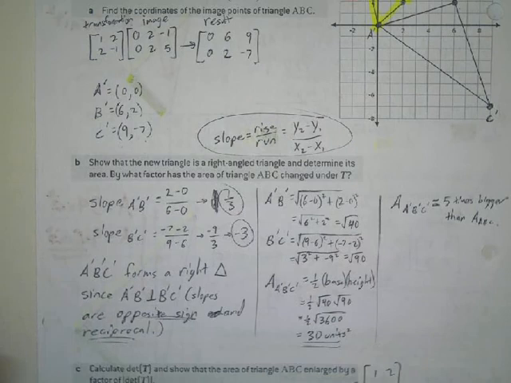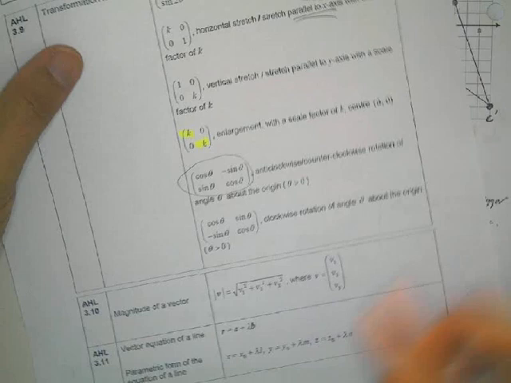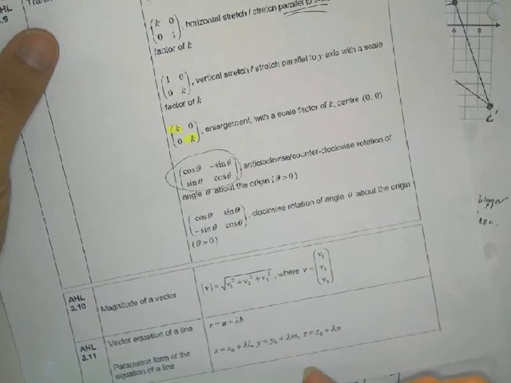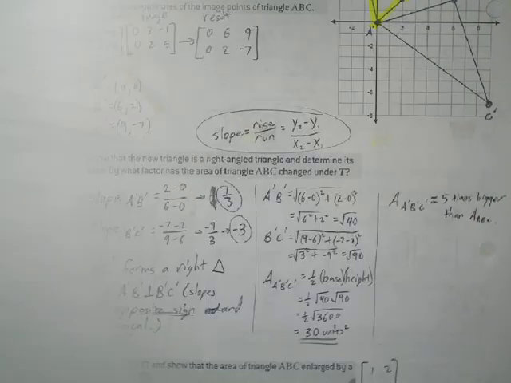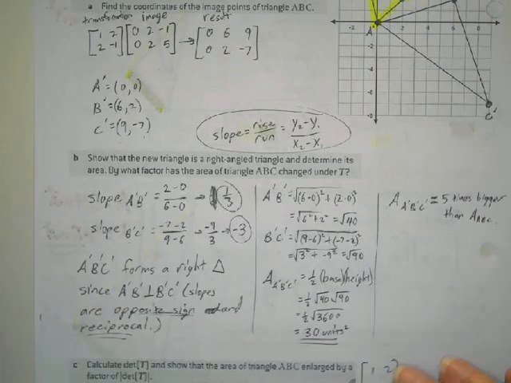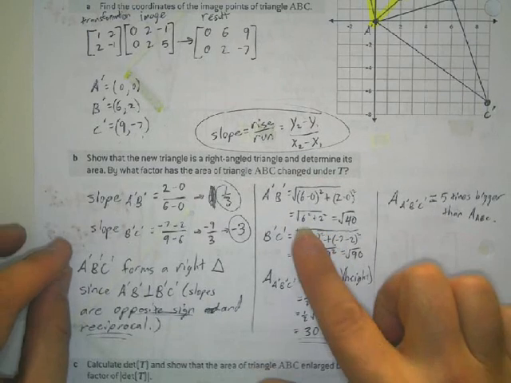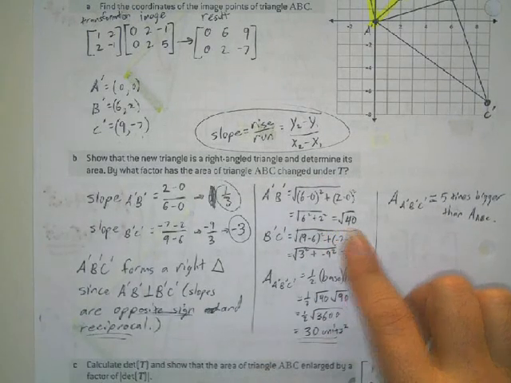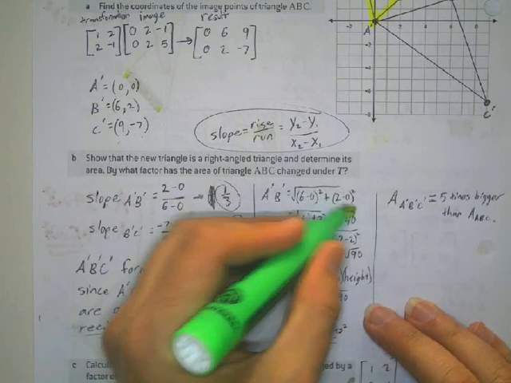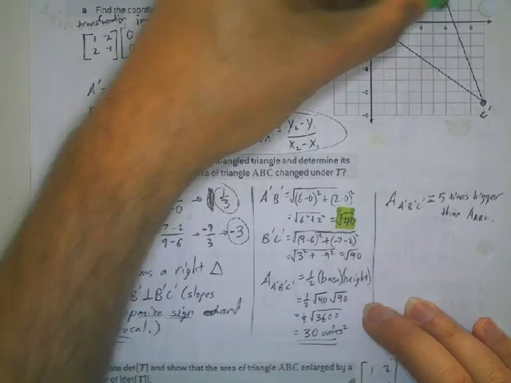Okay, I can use the distance formula, and you don't need to memorize the distance formula. It's on your formula packet. I didn't put it on this review sheet, but it's in the formula booklet that you guys have. Okay, so if I use the distance formula, I find out the length of AB is square root of 40.